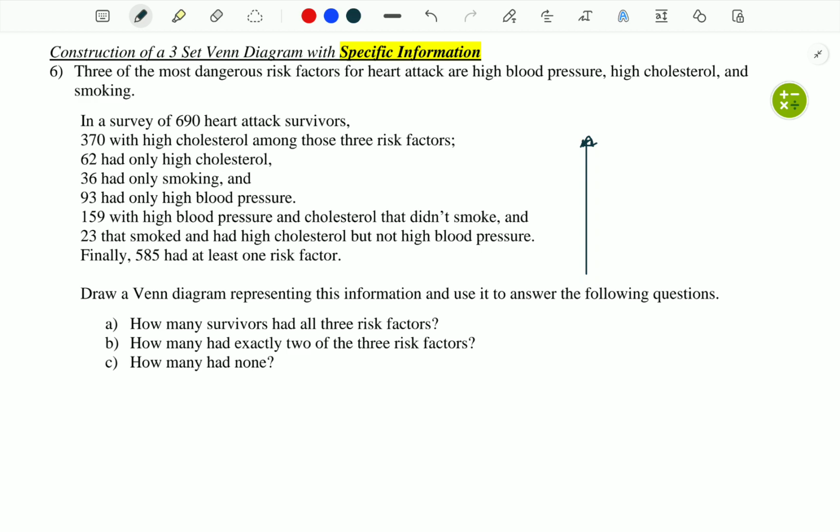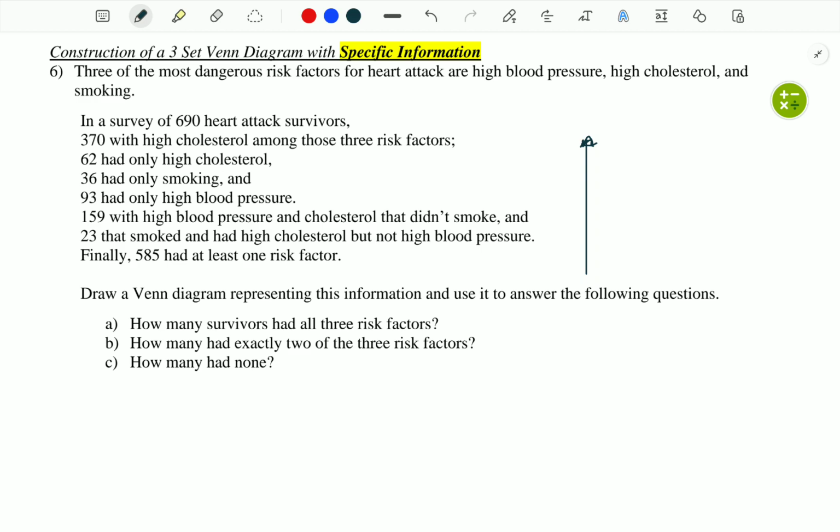A survey of 690 total heart attack survivors found the following: 370 with high cholesterol among the 3 risk factors. 62 only had high cholesterol, 36 only smoking, and 93 only high blood pressure.